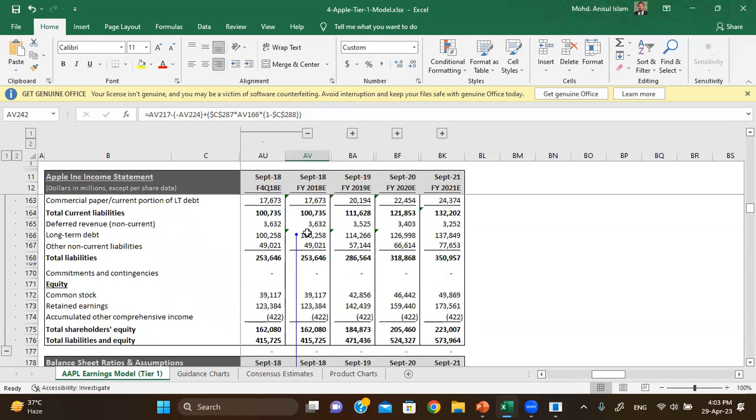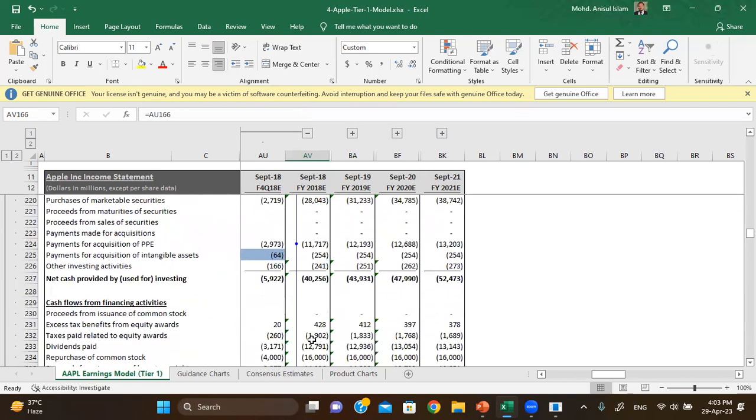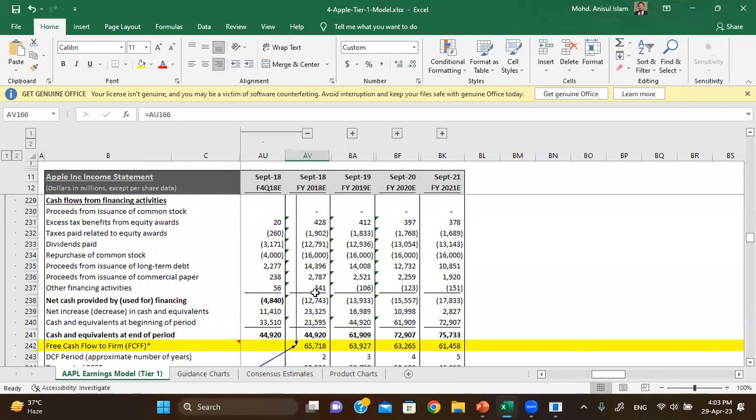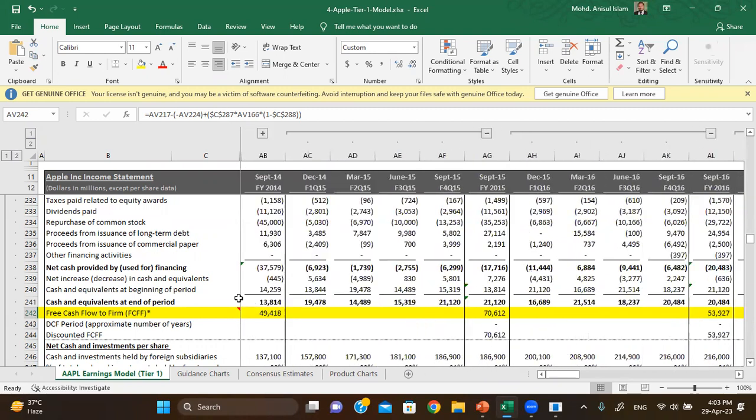Okay, you see long-term debt. Then C287 is the cost of debt and 288 is the tax rate. I mean 1 minus tax rate.